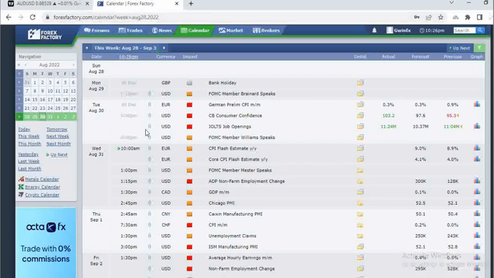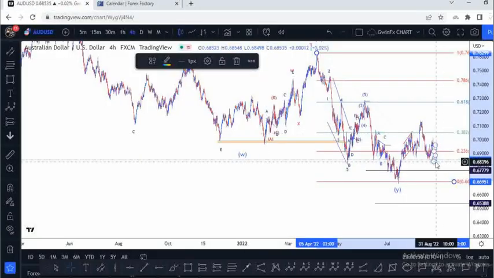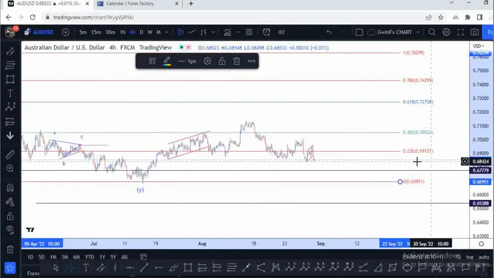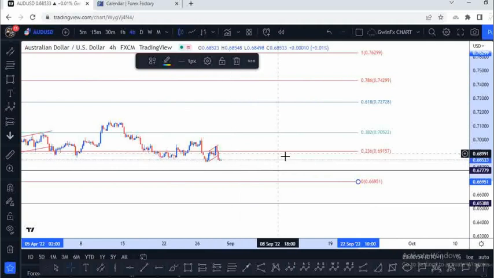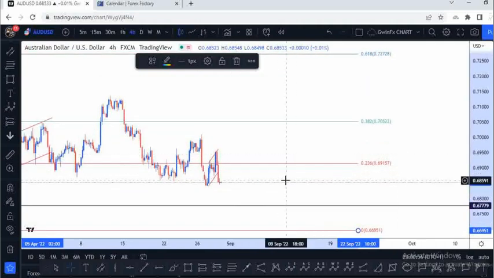We have the ADP non-farm employment change, so that is also going to have a very strong bearing on where this is going to move to. So best you don't be in a hurry to take any trade off this level until after the news.